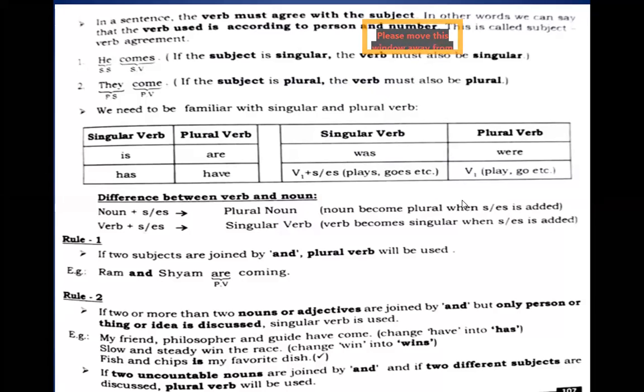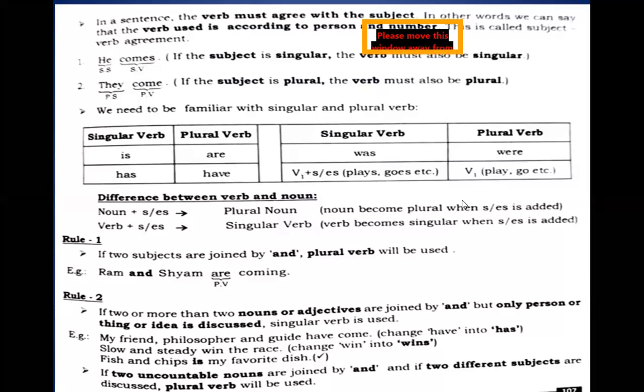Difference between verb and noun. There is a little difference, students. Noun plus s or es is a plural noun. A noun becomes plural when s or es is added. And vice versa in the form of verb.